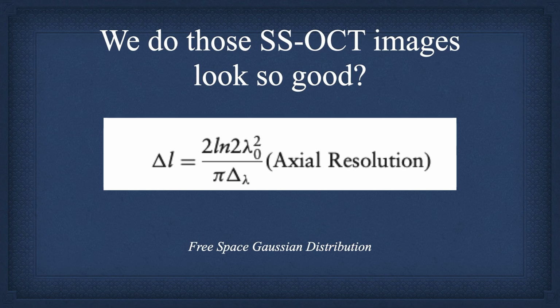So a lot more engineering, in my opinion, has gone into SS-OCT than has gone into time domain OCT. And the ultimate limit of time domain OCT, and it has its challenges bringing it up to the same acquisition rate, we don't really know yet.